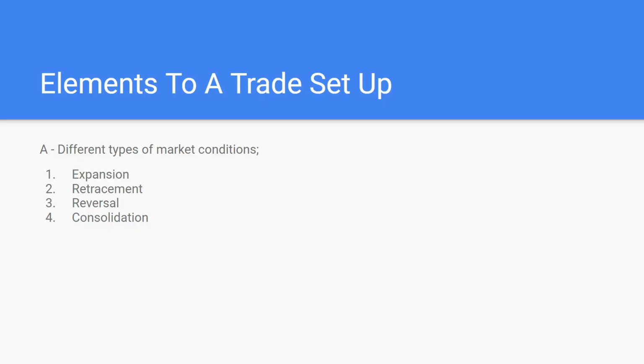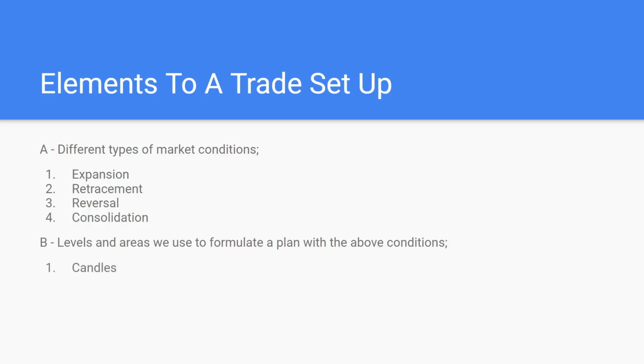But other things we need to consider with how we're actually going to use these conditions. So we now need to consider levels and areas we use to formulate a plan with the above conditions. Once we can identify what an expansion is, what a retracement is, what a reversal is, and what consolidation is, we need to identify how we use them to get ourselves into the marketplace.